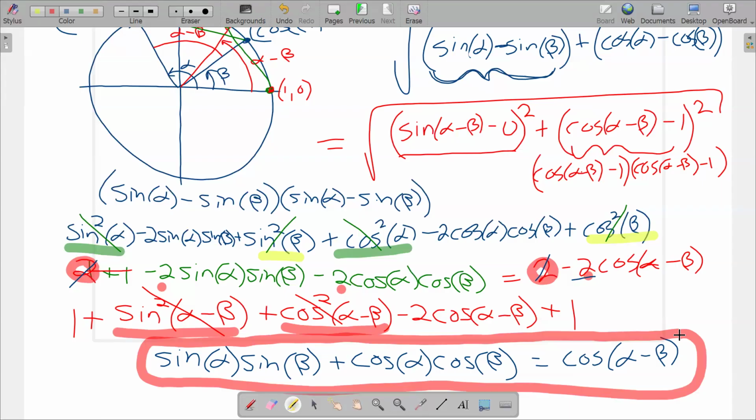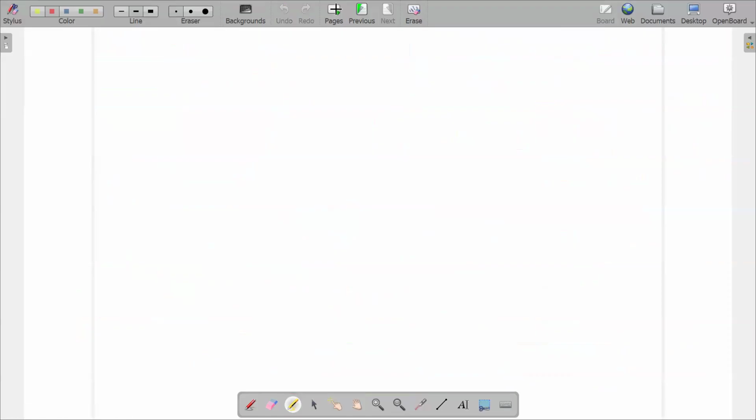Along with knowing the Pythagorean identity, I recommend this one is also one that you commit to memory. So I'm going to give you its other variations. So I've got angle sum and difference formulas.